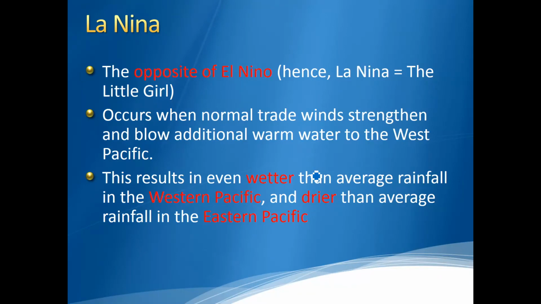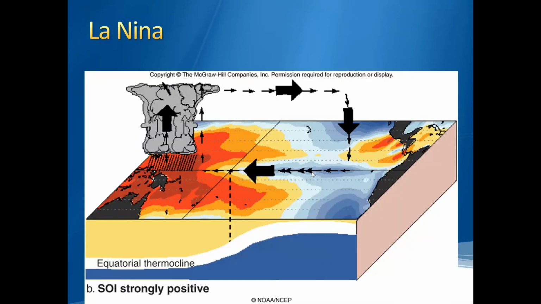Meanwhile, what we're left with here is much cooler waters than average, much more sinking air in the Eastern Pacific, and much drier weather, so even drier than average. And so this is what La Nina looks like. It's basically just an intensified Walker circulation. So in an El Nino, the Walker circulation reverses. In a La Nina, the Walker circulation intensifies.